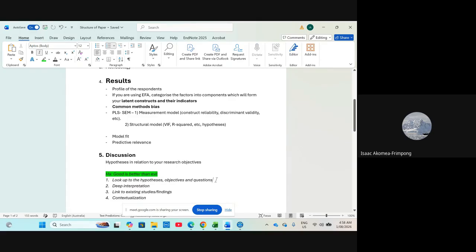And then you have a deep interpretation based on number one, and then your findings, which is the results in section 4. Then you link them to existing studies.